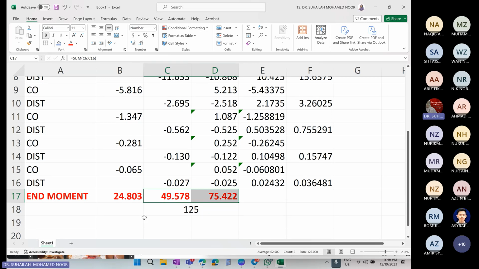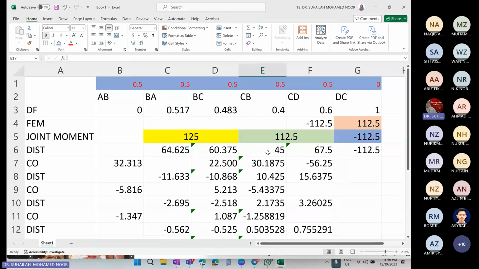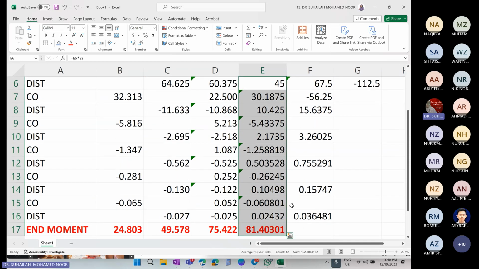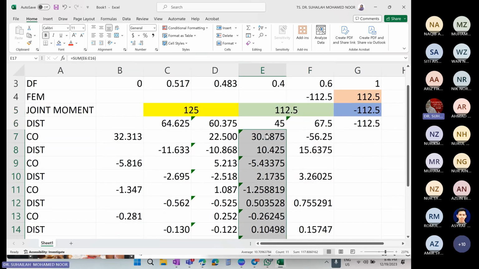But with an applied moment subjected at point B, the total of MBA and MBC is 125. Next is CB, start from 45. We total this, so it is 81.4.